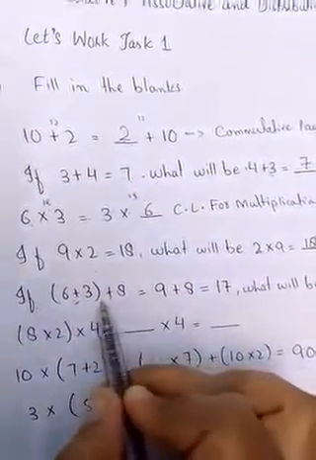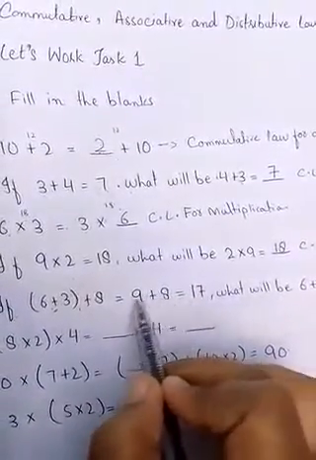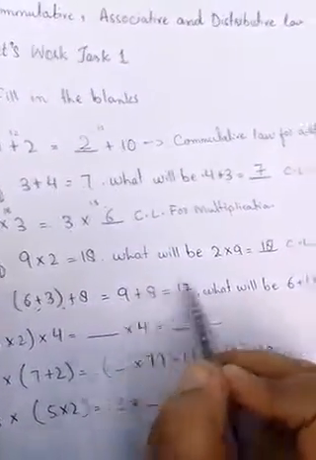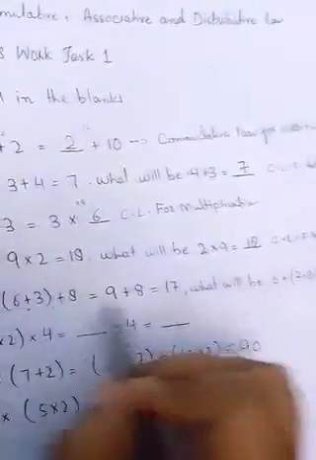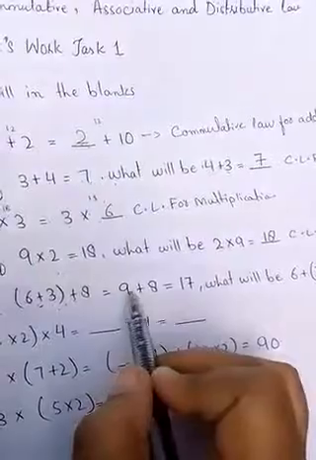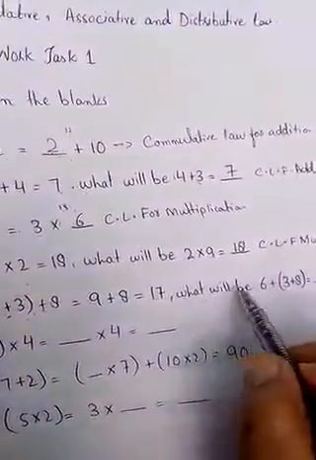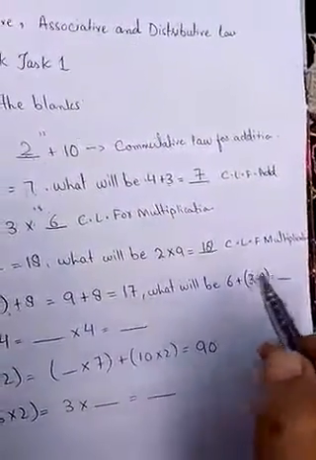So both the sides are equal. 8 plus 9 is 17. So all the sides are equal now. 6 plus 3 plus 8 is equals to 17, 9 plus 8 is equals to 17. And what will be 6 plus 3 plus 8?